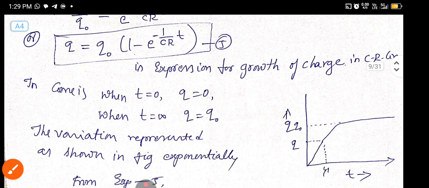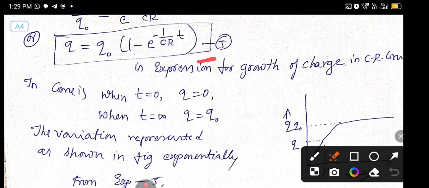This is the expression for growth of charge in a CR circuit, capacitance and resistance circuit. When t is 0, Q is also 0 because of charging. When t is infinity, Q reaches Q naught, the constant value. If you raise the time, it does not change its charge and remains the same.